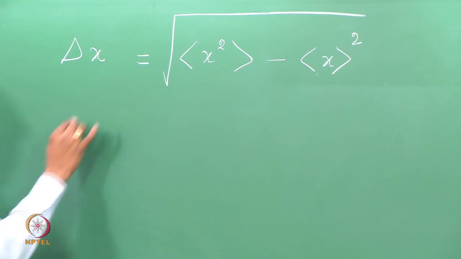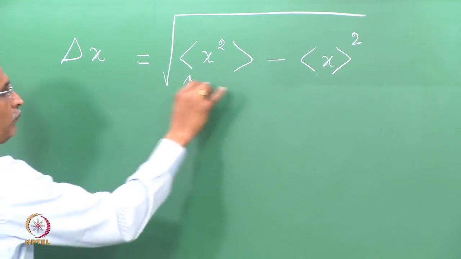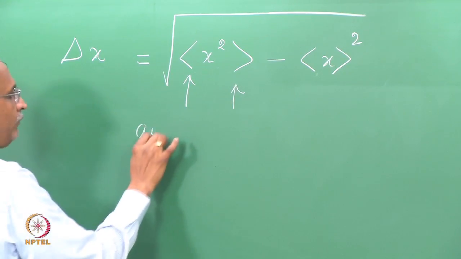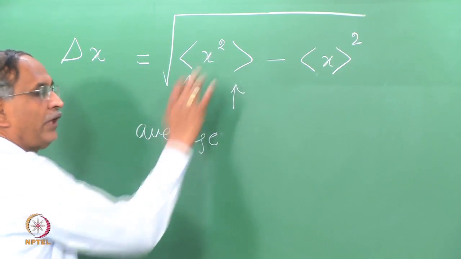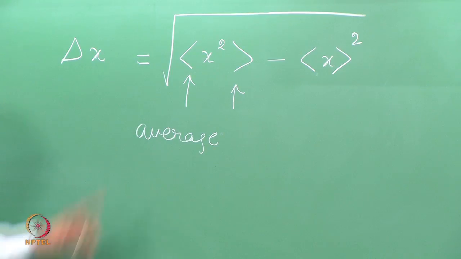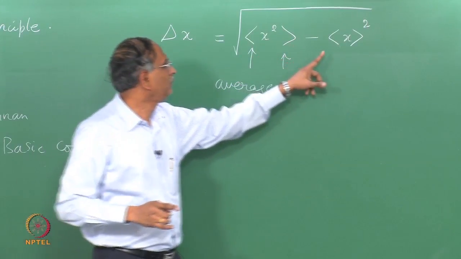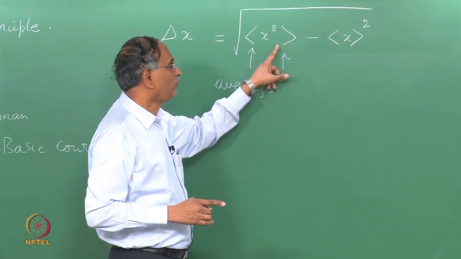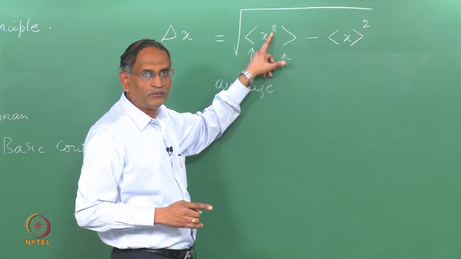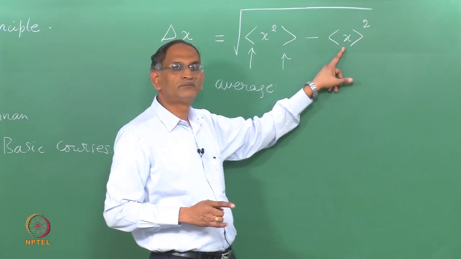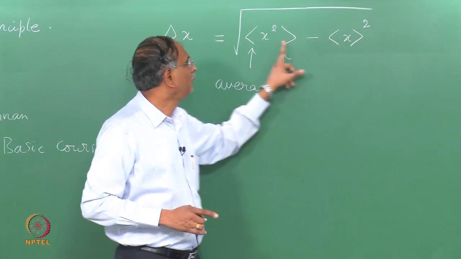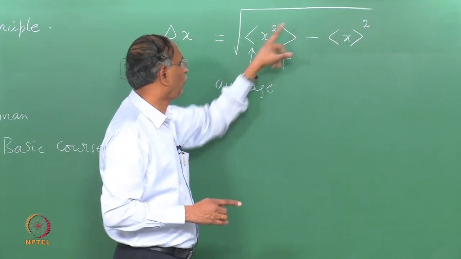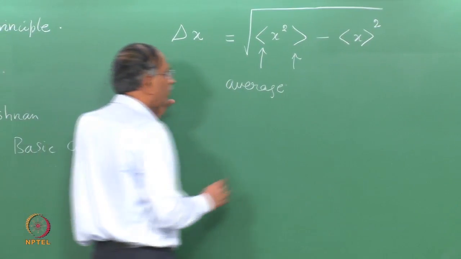The angular brackets tell you that the average value of what is inside is taken. Therefore, the average is taken for the square of that value x. Here the average is taken for the value itself and then it is squared. The difference between the two, the square root of this, is called the uncertainty.